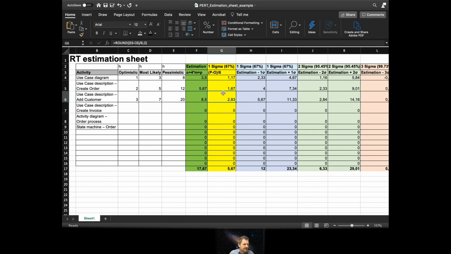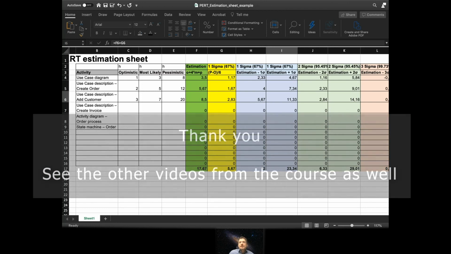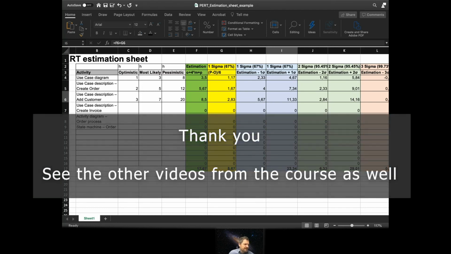Or if somebody asks you when you are finished with that, you can say, for example, I'm roughly 2/3 sure, 70% sure, that we will finish between 5.5 and 11 days. So a bit more professional estimation. Okay, good. This was it for today.